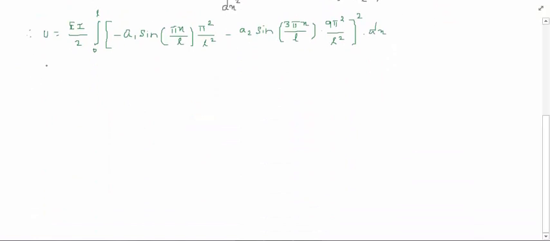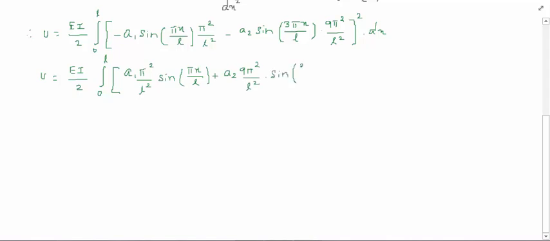Since it is a whole square, it becomes positive. So the remaining term is a1 π²/L² sin(πx/L) plus a2 9π²/L² sin(3πx/L), whole squared, into dx.